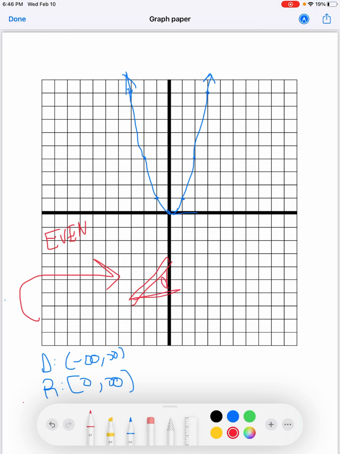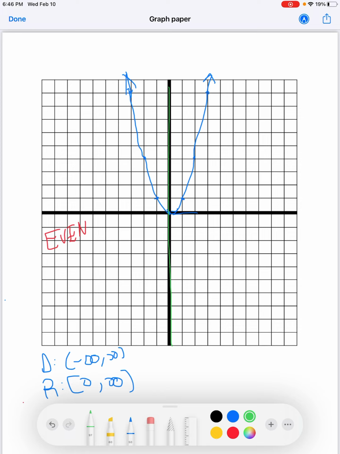I don't know how to draw that really, sorry. If you just basically folded this graph on the y-axis, you folded it right here. Would it be symmetrical? Yes, it would. So that means it's even.